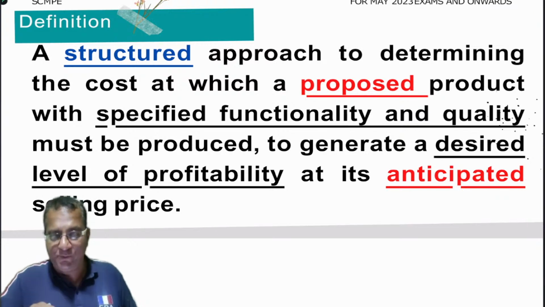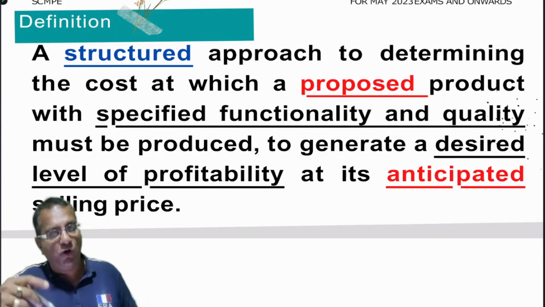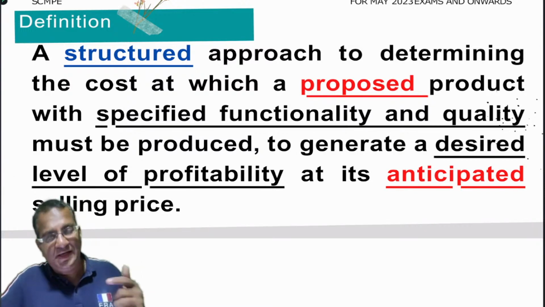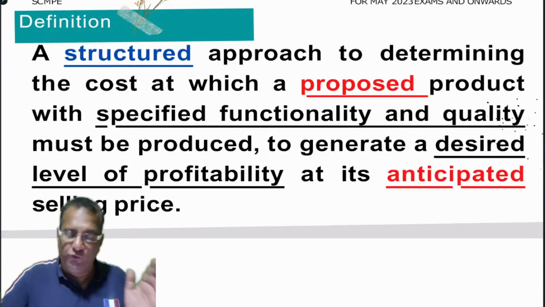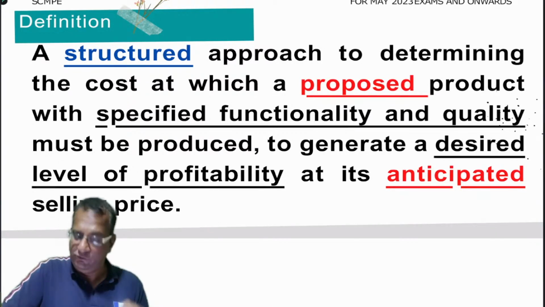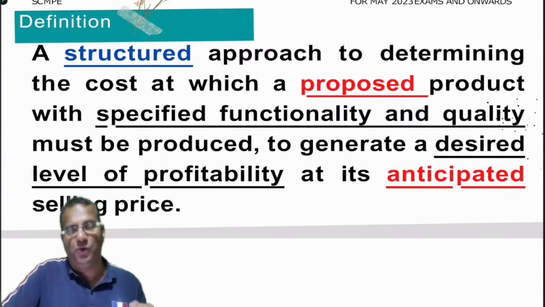For an existing product, the role of cost reduction will be executed by Kaizen costing, a small incremental cost reduction over a long period of time. So for a new product, target costing will be applicable. For an existing product, Kaizen costing will be applicable. So please write down this very, very important point.